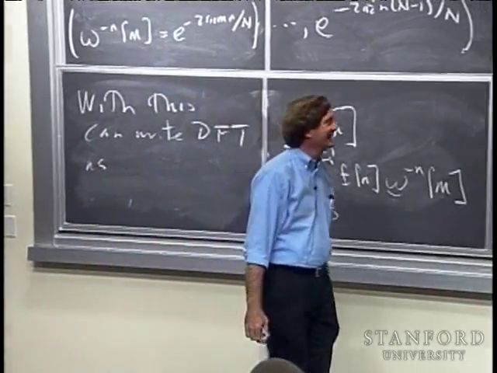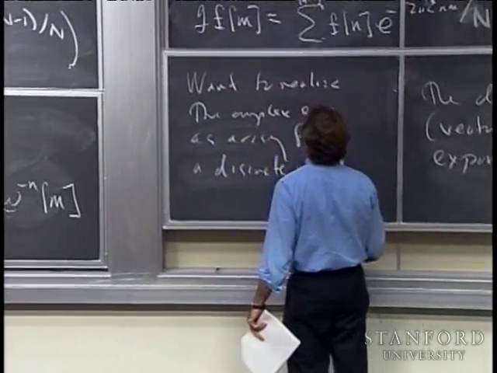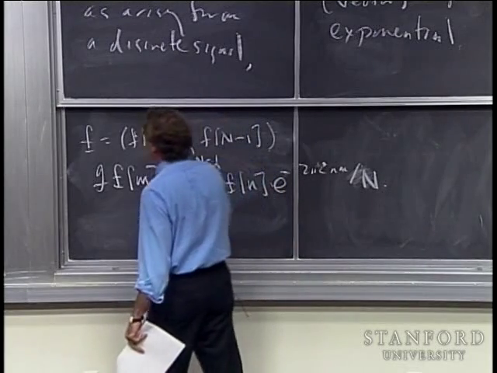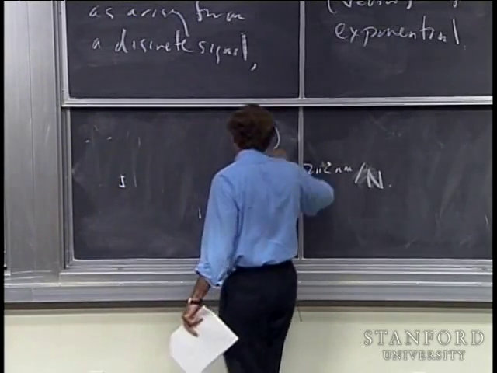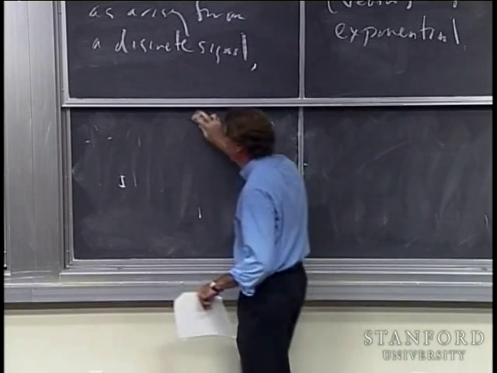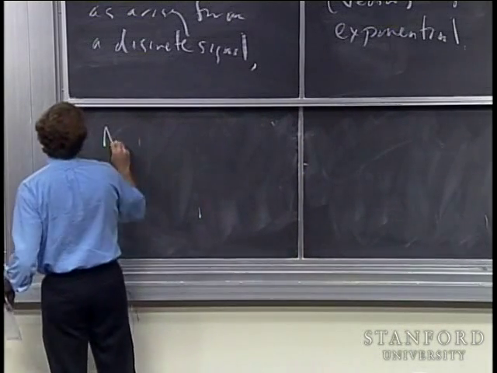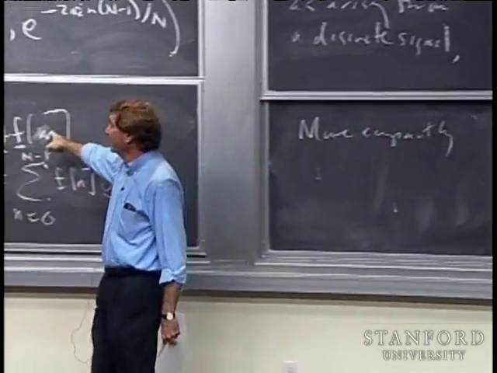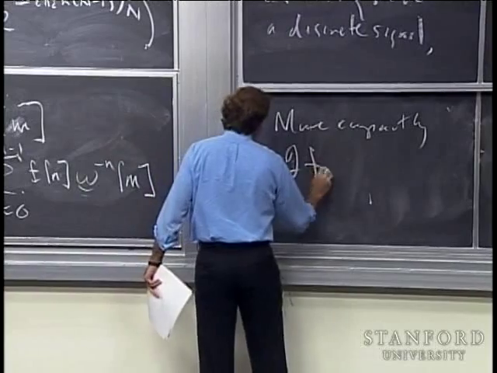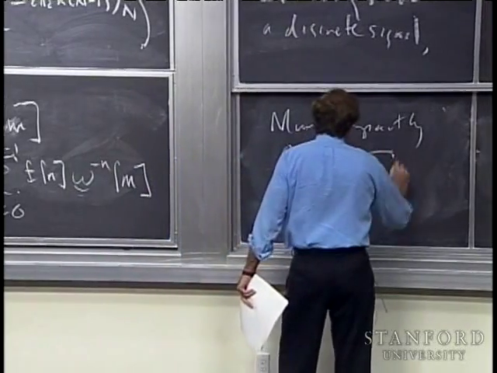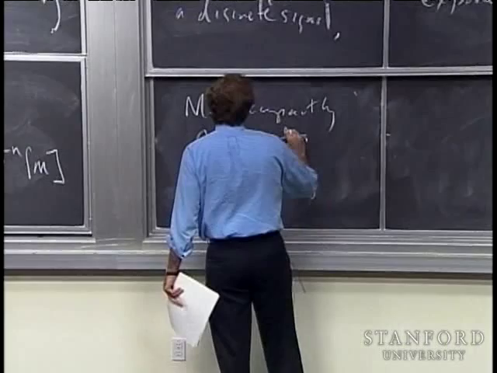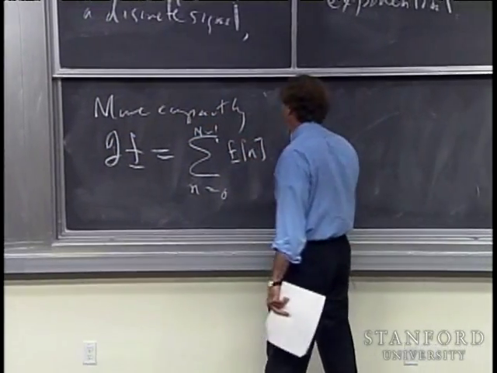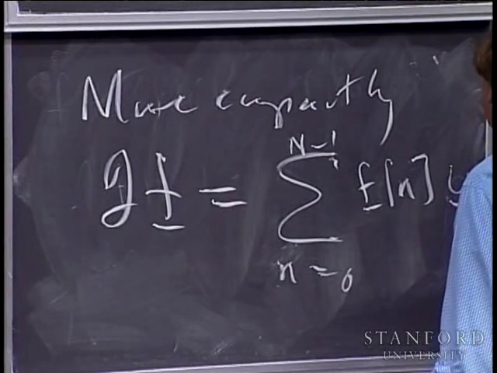Or even more compactly, the Fourier transform of f, written just as an operator, is the sum from n equals 0 up to n minus 1 of f n, the values of the signal you're inputting at n, times omega to the minus n.